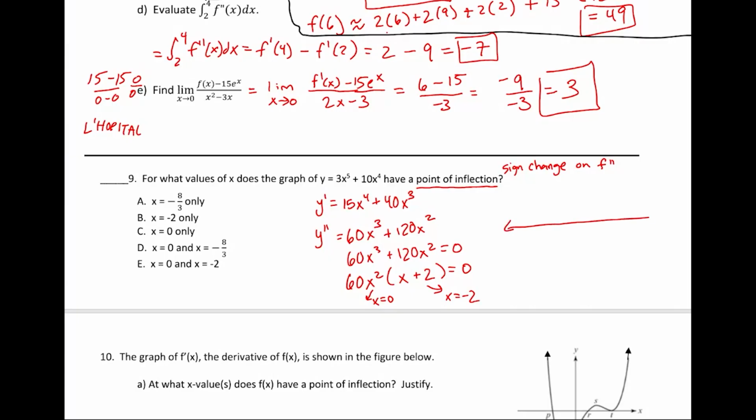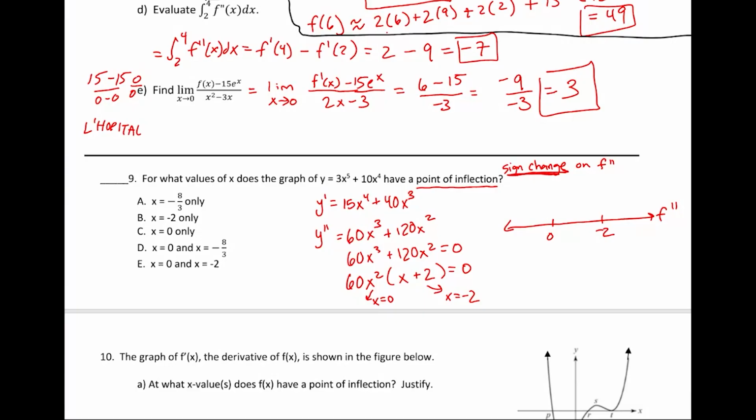So now let's make a number line chart for f double prime with 0 and -2 being partitions for this number line. And we're going to test a number in each of these intervals to see whether the second derivative is positive or negative. We don't really care exactly what it equals. We just want to know if it's positive or negative so that we can identify whether or not there's a sign change there.